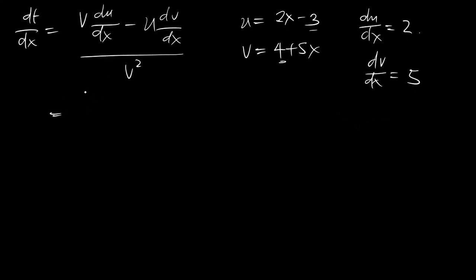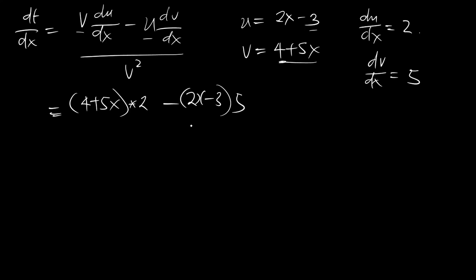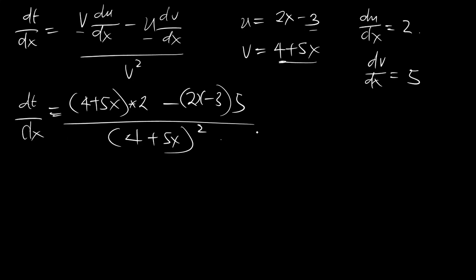So now substitute: you have v to be this. So you have 4 plus 5x times u prime, which is 2, minus this, which is 2x minus 3 times v prime, 5, divided by v, which is 4 plus 5x, all squared. So that is dt/dx.